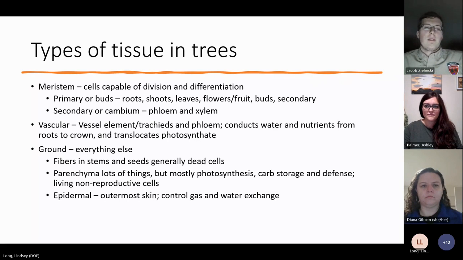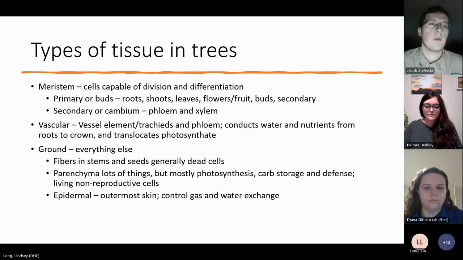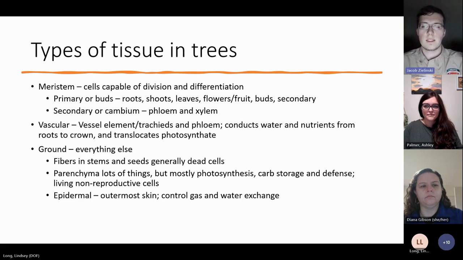So the vessel elements and the phloem and those things that are conducting all these nutrients and water are the vascular elements, because they are vascularized, they're moving stuff. And then we've got the meristems, which are the things actually growing. So you have the growth cells, the things that are hollow tubes moving things. And then you have ground tissues, which are just everything that is not one of those two pretty much.